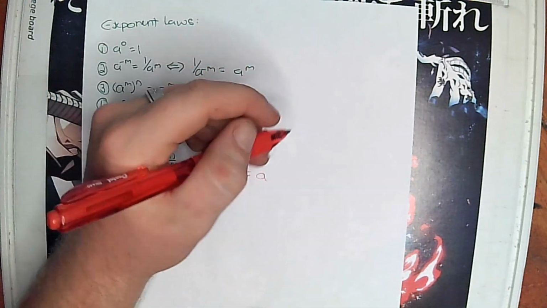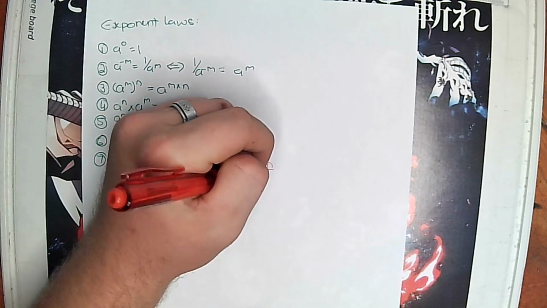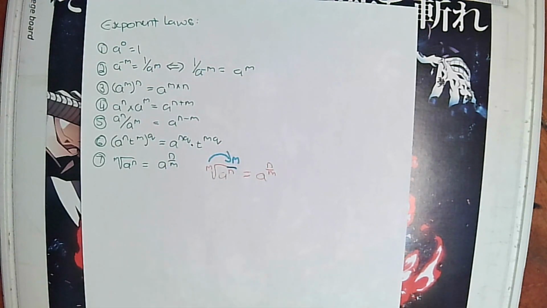So then it becomes n over m. Pretty easy way to remember it, a useful trick, but unfortunately your exponent laws, even though some of them are quite intuitive, are something that you're going to have to sit down and remember. You're going to have to study them.